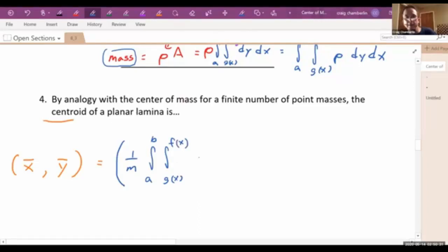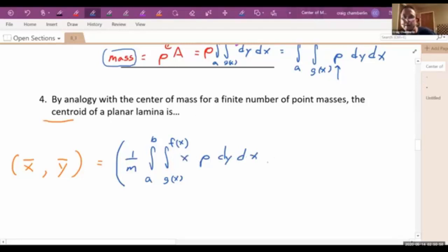And then remember we had m sub i times x sub i. Well, I'm going to write it as, remember the rho here, we need that in there. And instead of m sub i, x sub i, it's kind of like x sub i, m sub i.